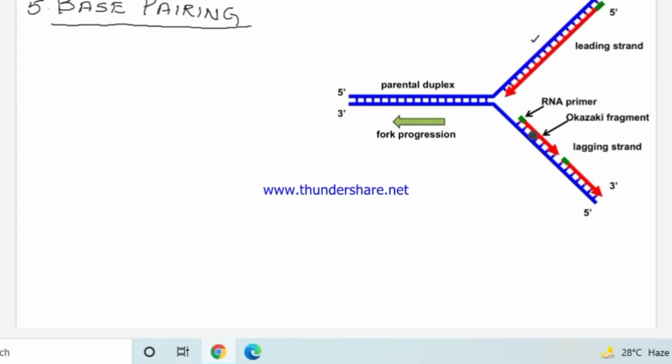So this is one template and this is another template. The nitrogen bases attract complementary phosphorylated nucleotides.